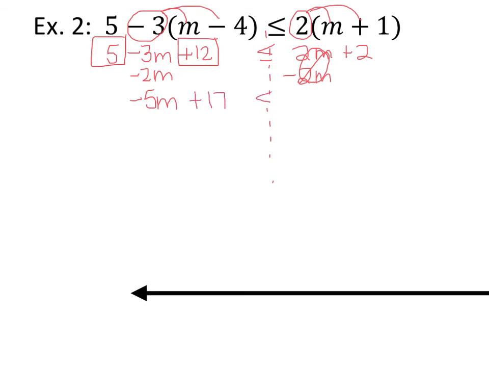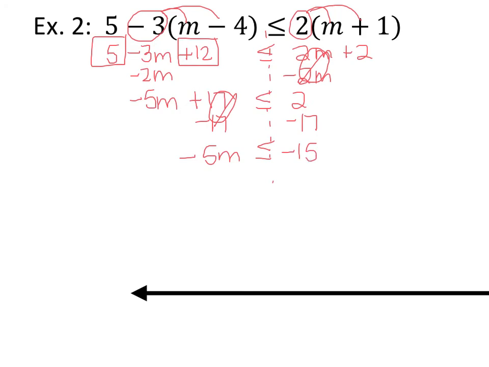So we have less than or equal to, and over here on the right side, we just have left the 2. So now let's move the number away from the variable, so we have minus 17. This zeroes out, so you have negative 5m is less than or equal to 2 minus 17, which is negative 15.